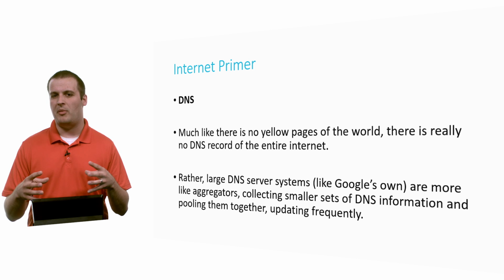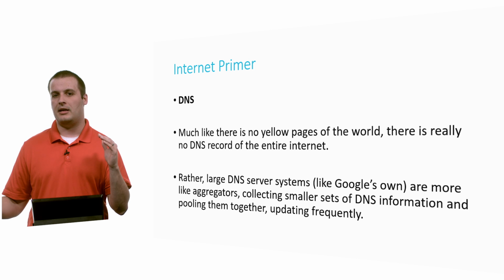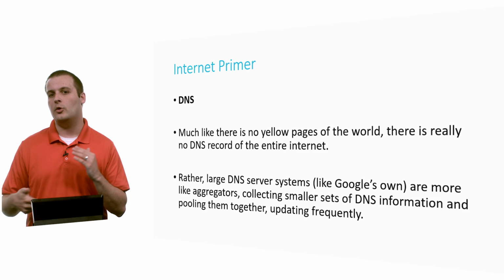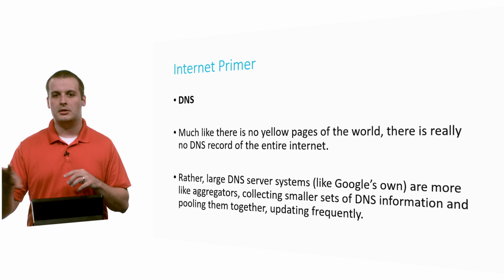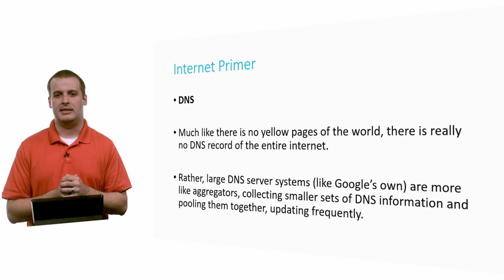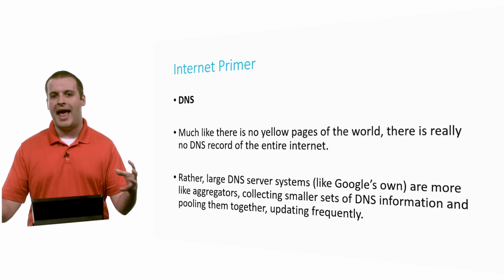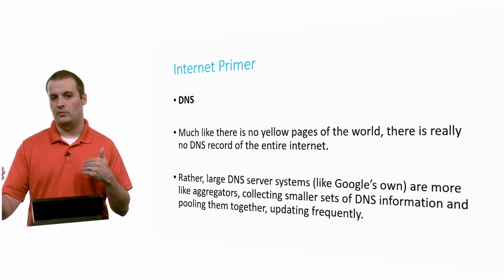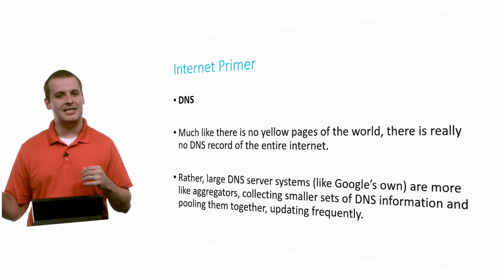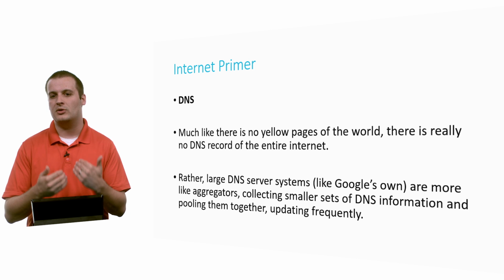So there's really no one repository of the full DNS of the internet, just like there's no one yellow pages of the world. There are all these local, small-scale DNSs that exist out there, and there are services that aggregate them together, but they depend on those smaller DNS systems updating their information so that they have the most accurate information.